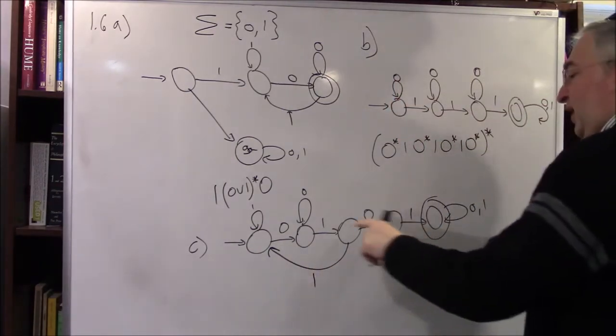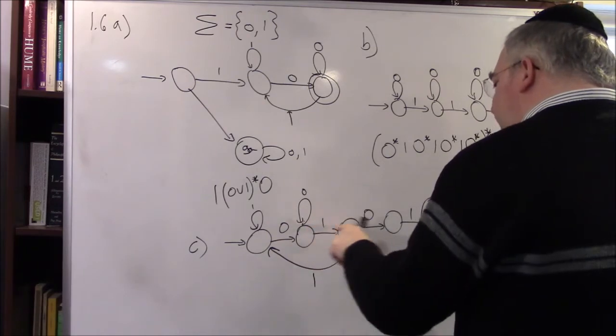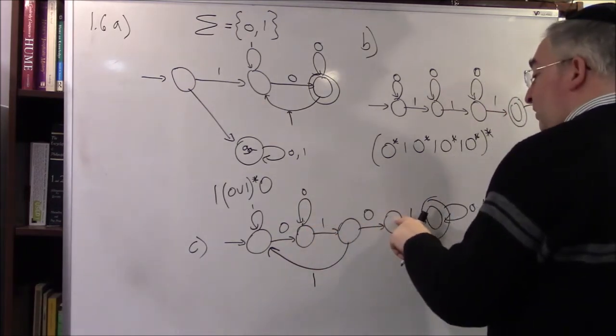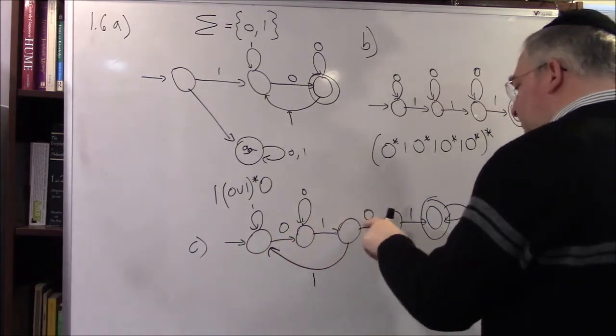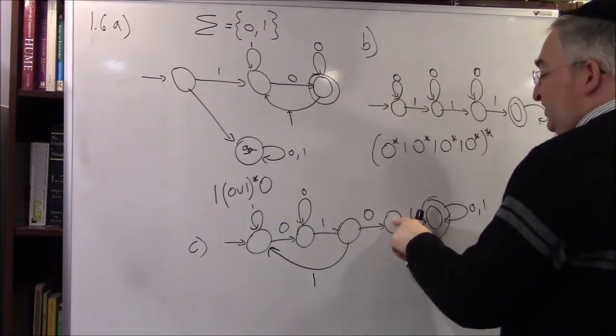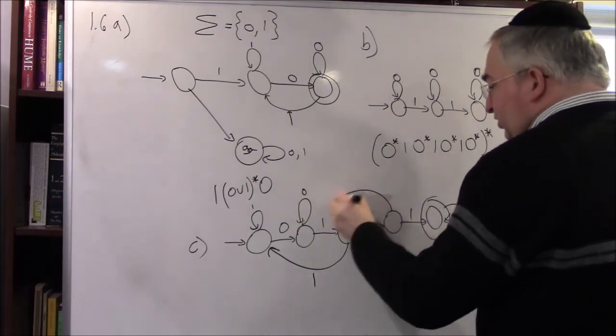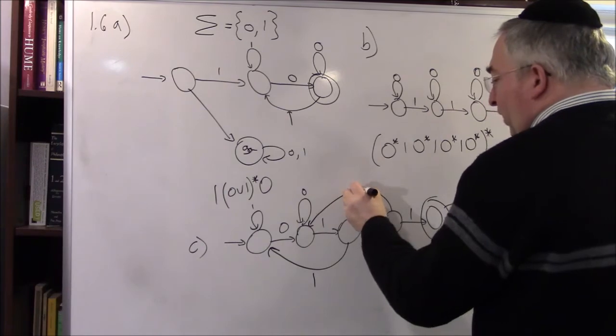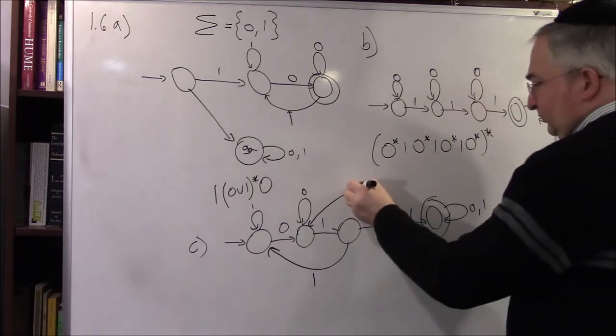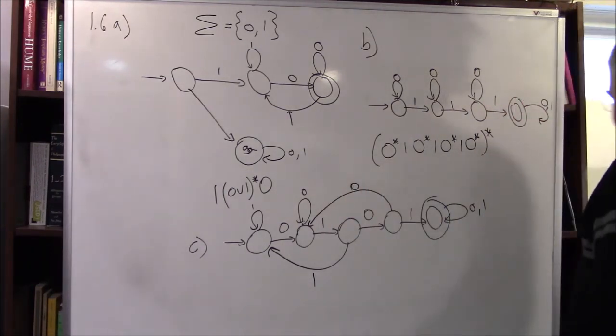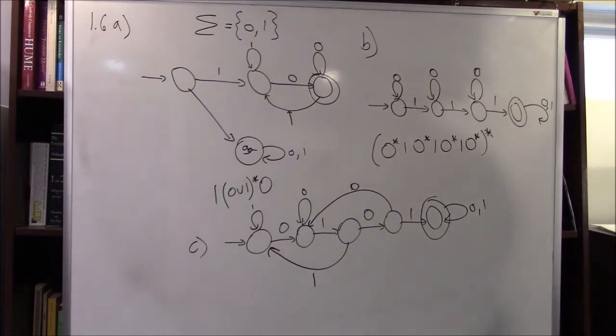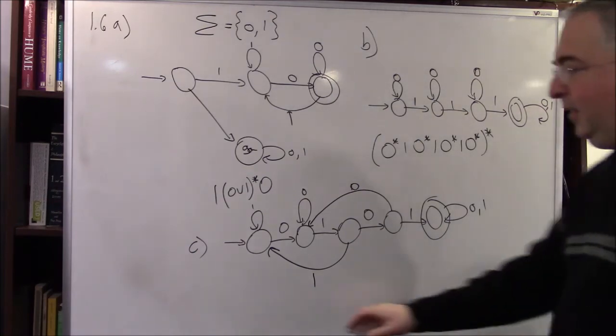And finally, if I see 0, 1, 0, and I see a 0 again, then I should go wait for a 1. Sounds good. That's done. Okay.